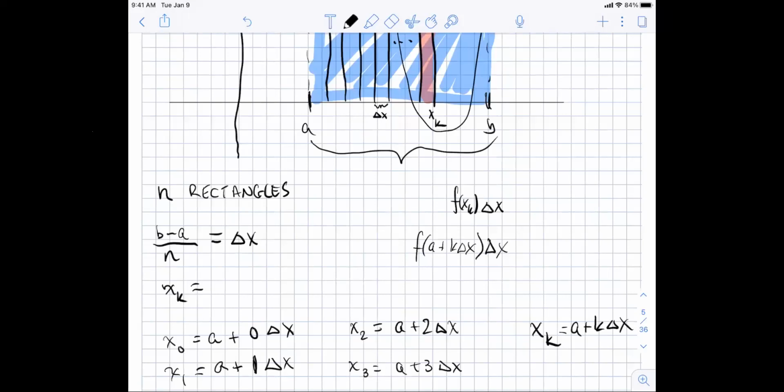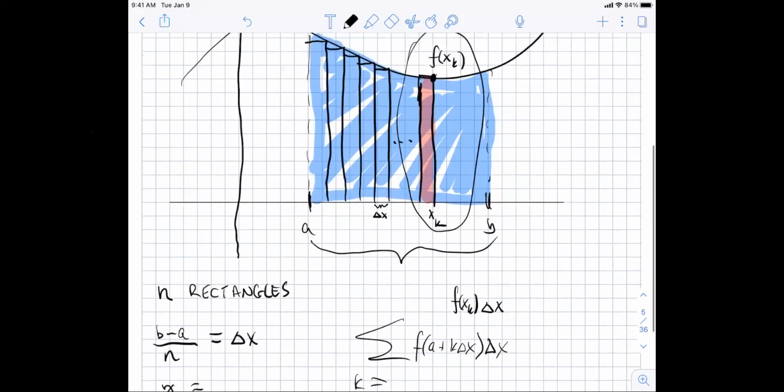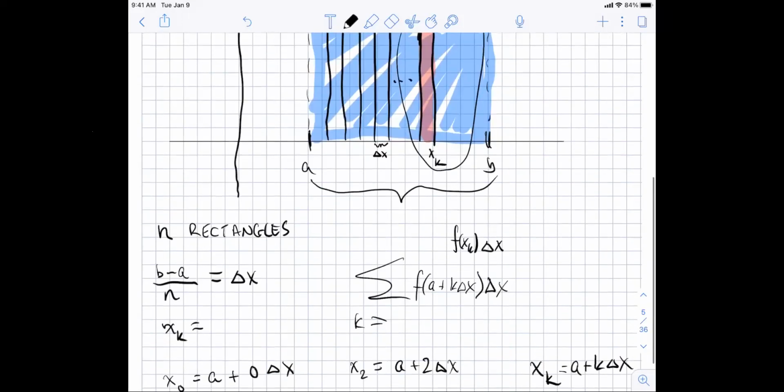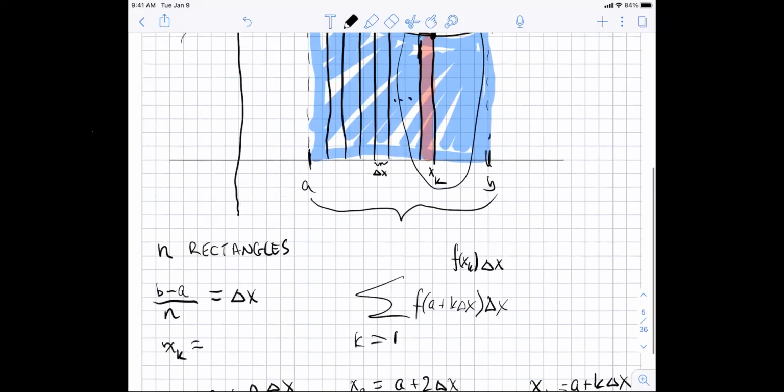And so the area of that individual general rectangle is this. And so to find the area of the sum of all of those, because this was just a general one, I can just put the sum sign in front. Okay, and I'm using the right edges, so k is starting at 1 and ending at n.